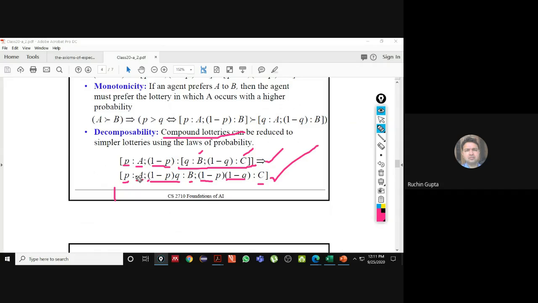You have this A, B, and C. So there are three outcomes: A, B, and C. Or you can say there are three actions or outcomes or three rewards in this lottery, which have the probabilities P, 1 minus P into Q, and 1 minus P multiplied by 1 minus Q. Any doubt into this? I think it is clear to all of you. Okay.